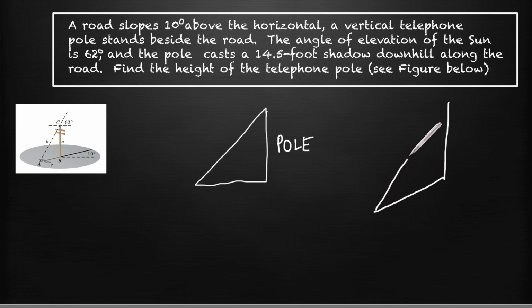So here we have this angle that they give us is 62 degrees. So if you can imagine this line, instead of it being straight, it is 10 degrees down. That means that this angle is no longer going to be 62. It's going to be 52.